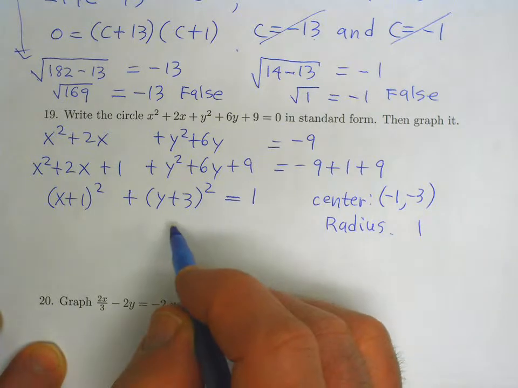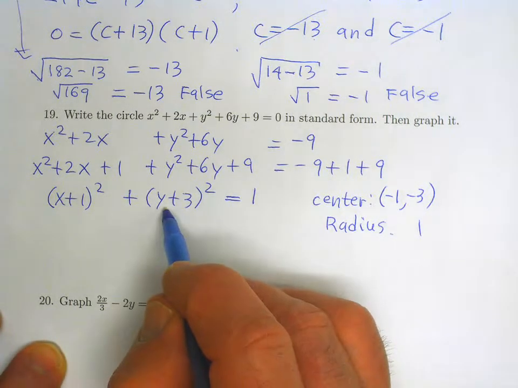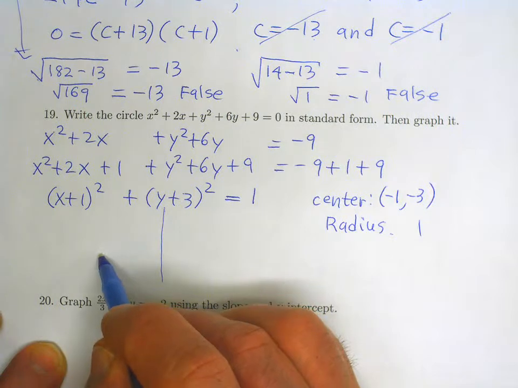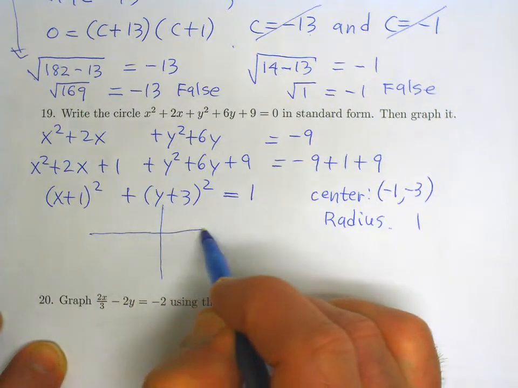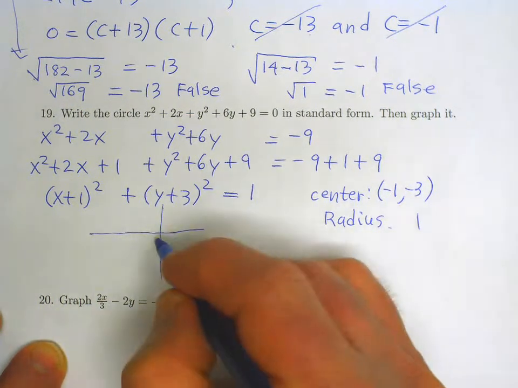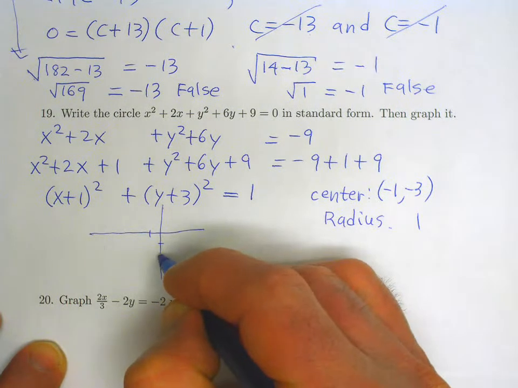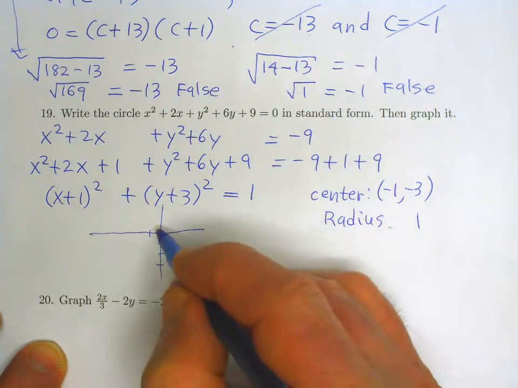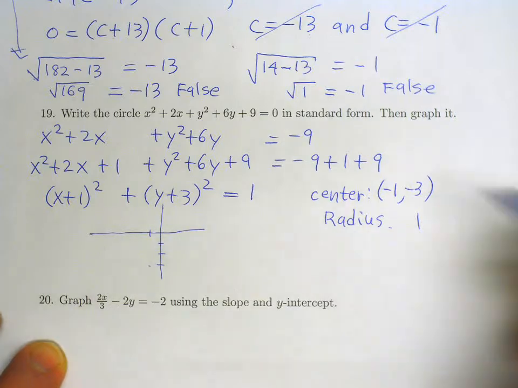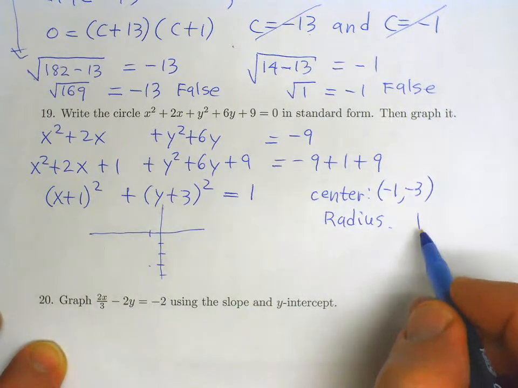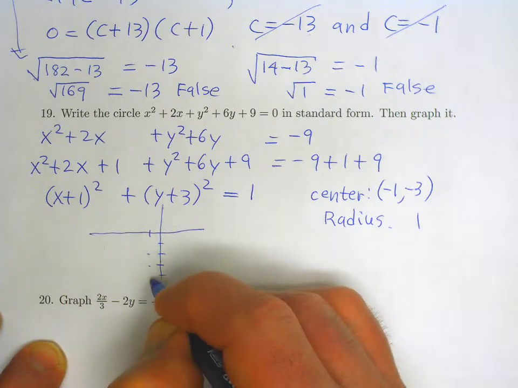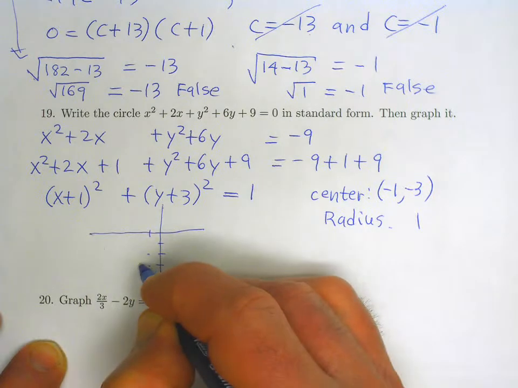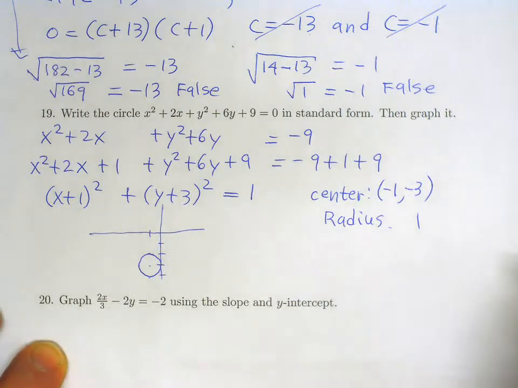Okay, I don't have a lot of room to graph this, but the center is -1, -3. So that's the center, and the radius is 1, so hopefully if you're watching, you can see that.